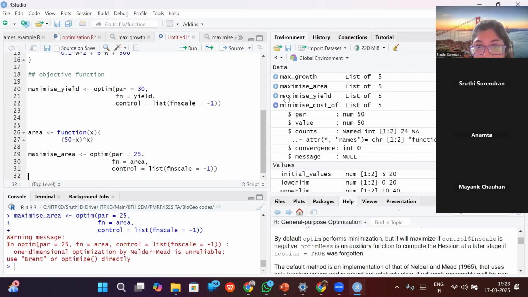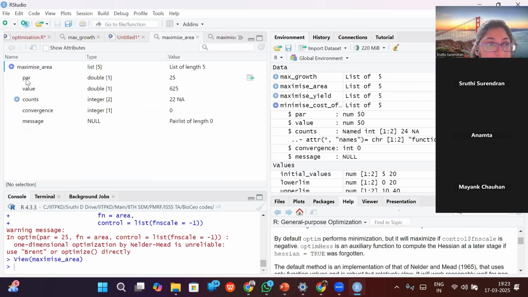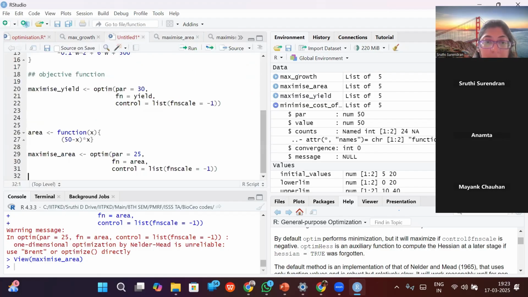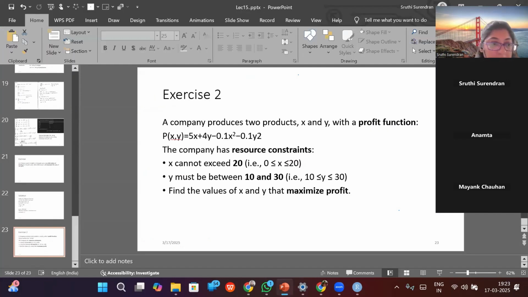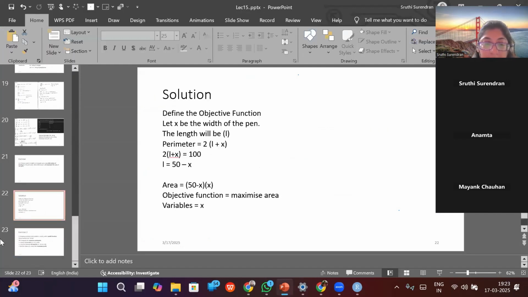We maximize area. We see that for the value of x equal to 25, the maximum area we'll get is 625. So the optimal value of the parameter x is equal to 25, and the maximum area we'll get is 625.